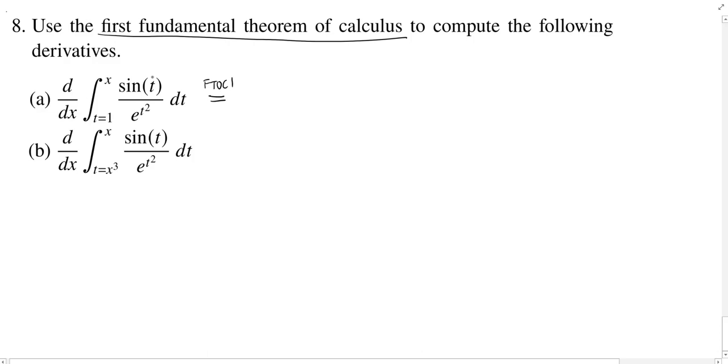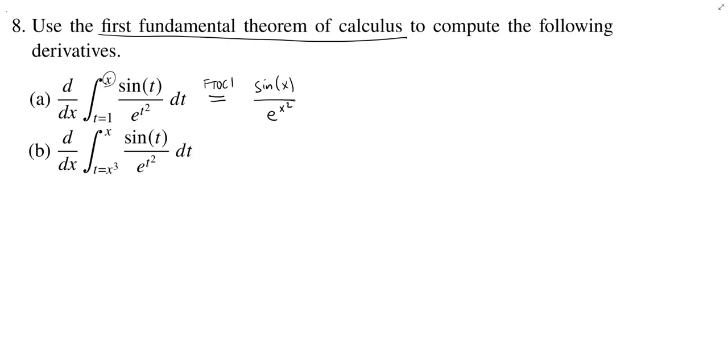You simply evaluate this function at the variable power, or the variable input. So this would just become sine of x over e to the x squared. Right? Period. No muss, no fuss.